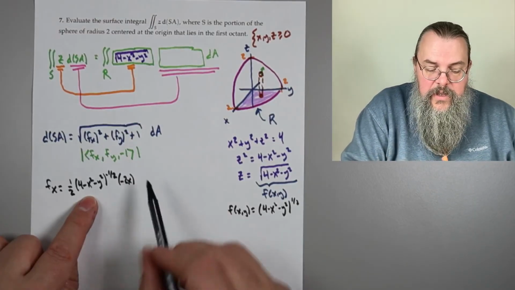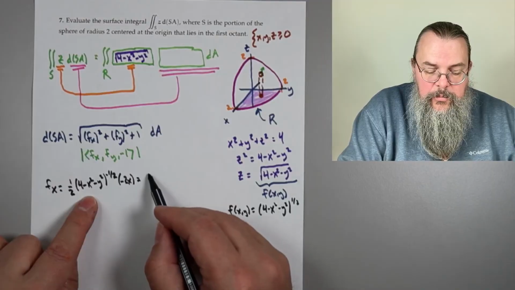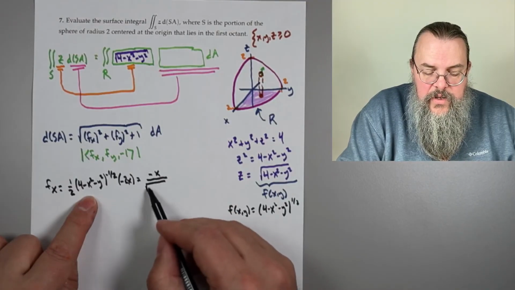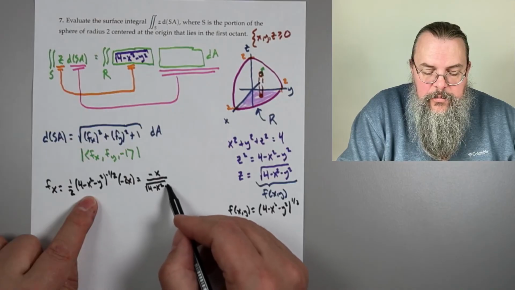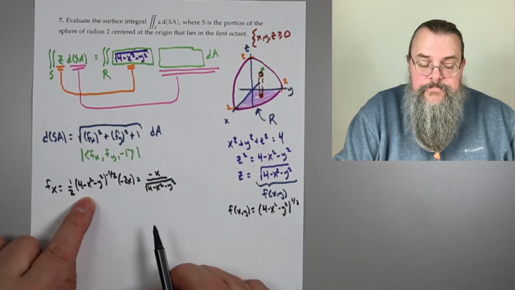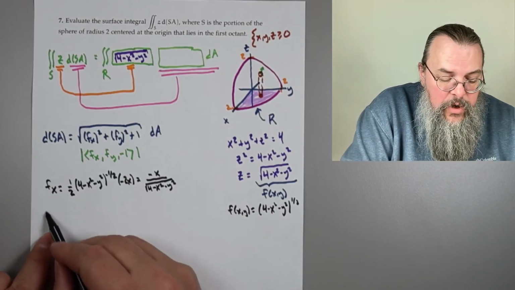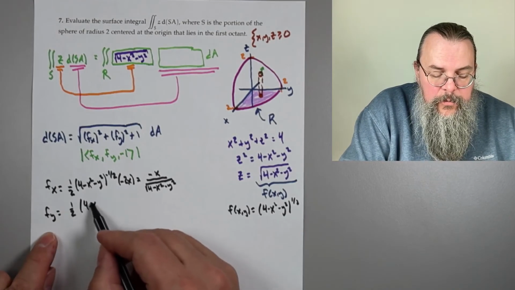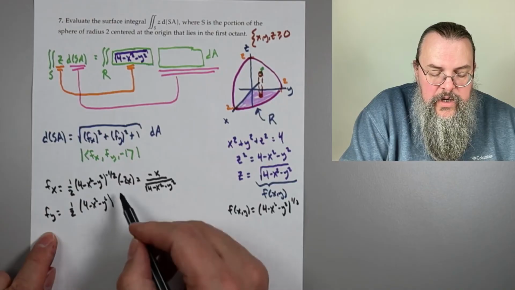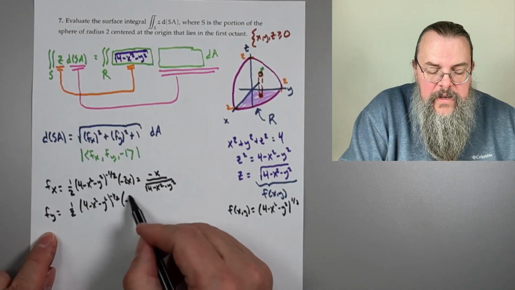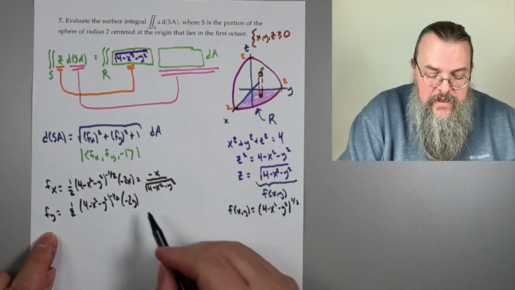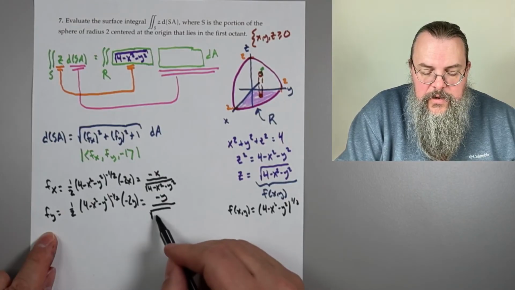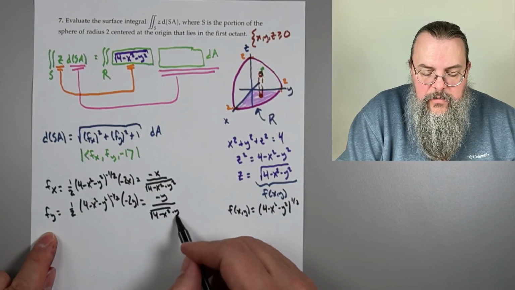So that is the same as minus x over the square root of 4 minus x squared minus y squared. Okay, f sub y, very similar: 1/2, 4 minus x squared minus y squared to the minus a half, times minus 2y, which is negative y over the square root of 4 minus x squared minus y squared.